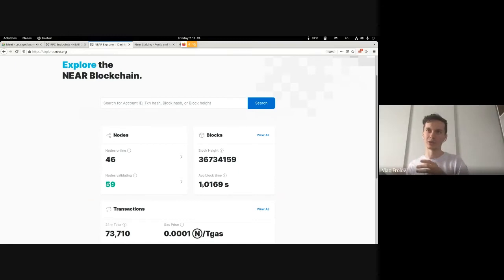We produce a block every second, which means the transaction will get included usually a second later than it was requested, because we are waiting for other potential transactions to fill up the block.